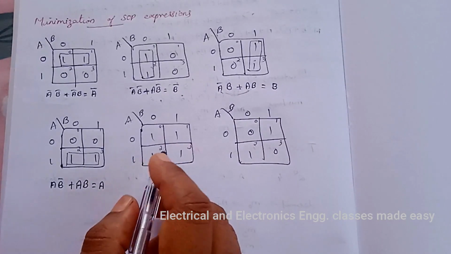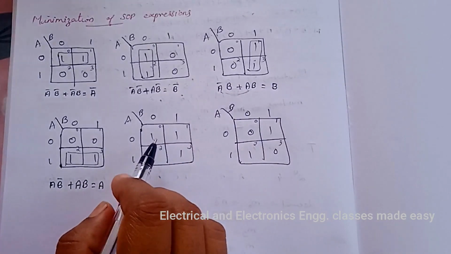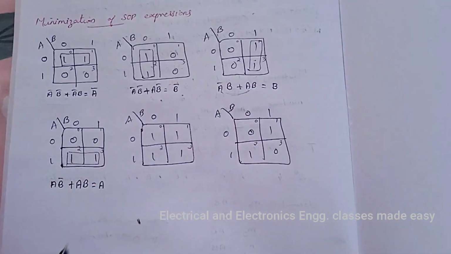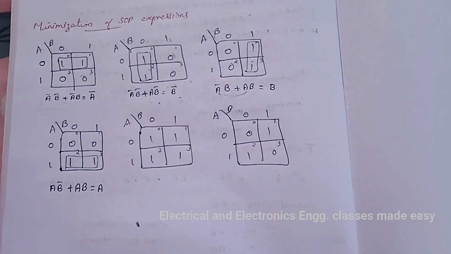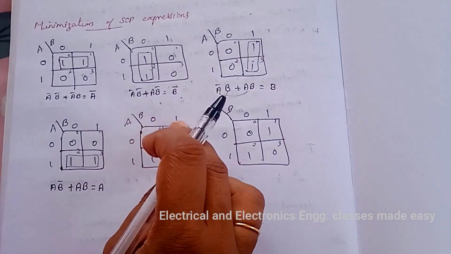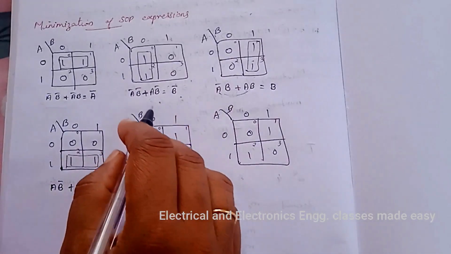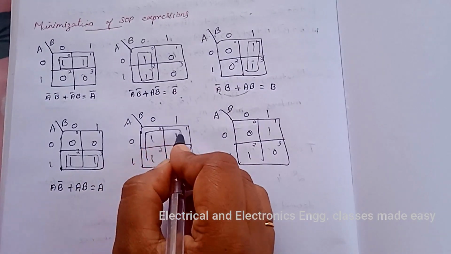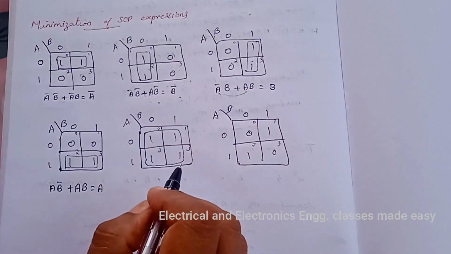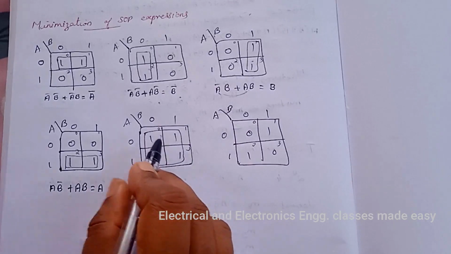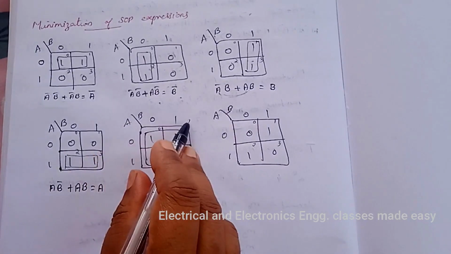And here in this case all the minterms are 1. That is, two adjacent pairs can combine to form a 4 square. A 4 square eliminates two variables.